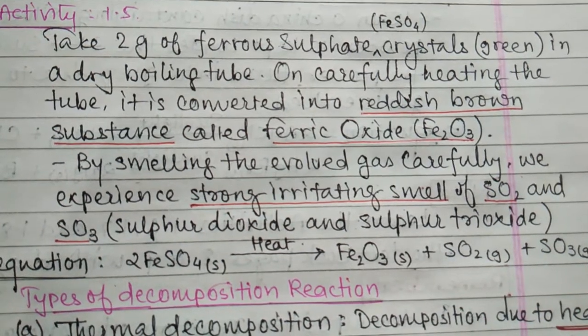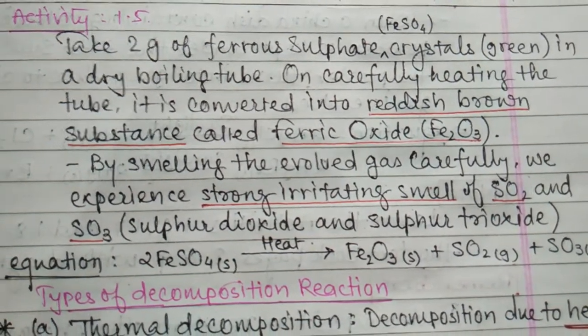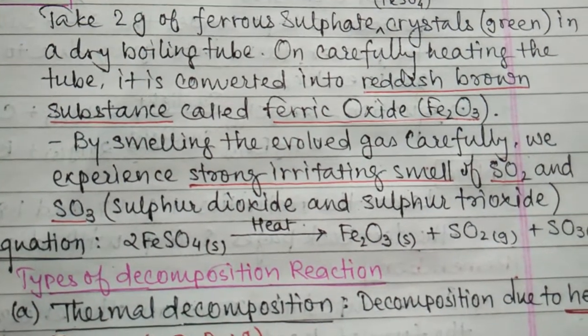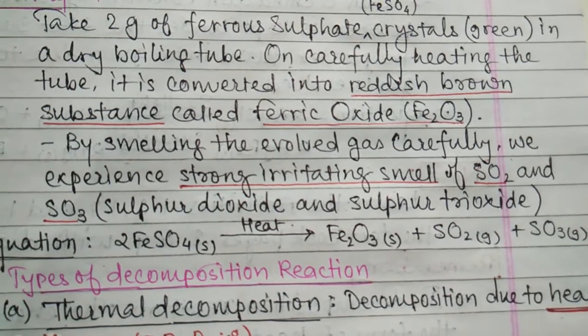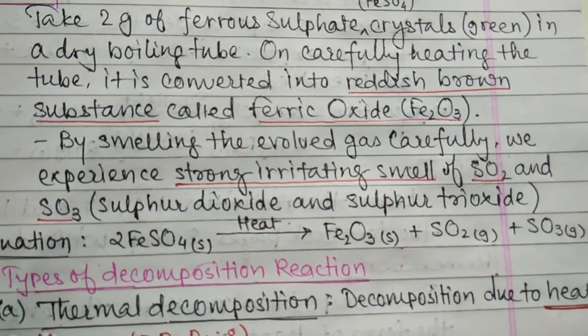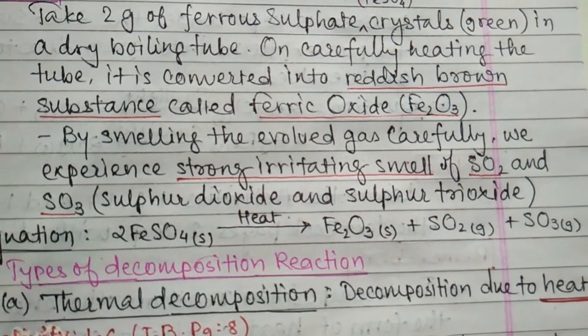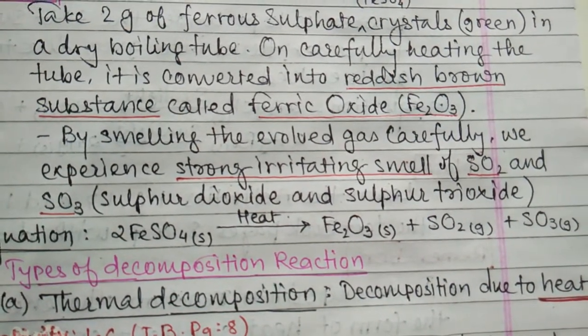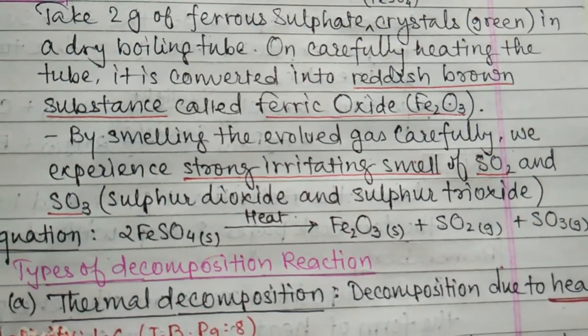When it is heated, the green color is converted into a reddish brown substance called ferric oxide, Fe2O3. By smelling the evolved gas carefully, we cannot smell directly from the test tube because it is very dangerous.